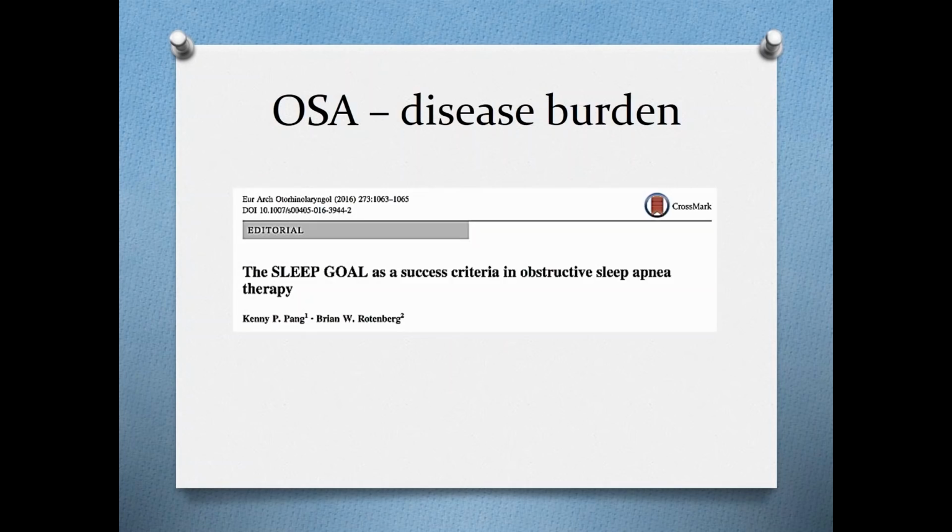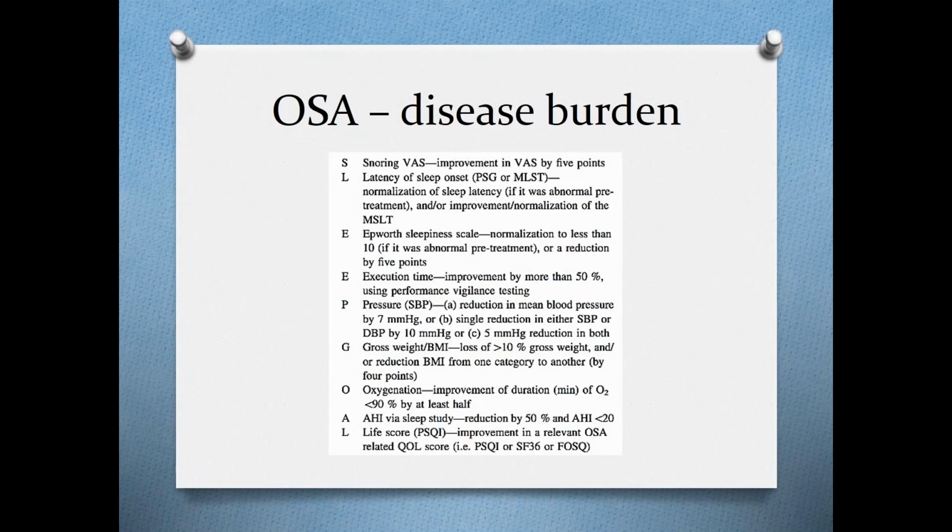So this is a paper by a couple of really well-known sleep surgeons that have looked at an acronym of SLEEP GOAL, which basically looks at the snoring, the latency of sleep onset, Epworth sleepiness scale, vigilance testing, blood pressure, BMI, oxygen desaturations at night, AHI, and also quality of life score. So just to get a really multidimensional description of the severity of the problem.